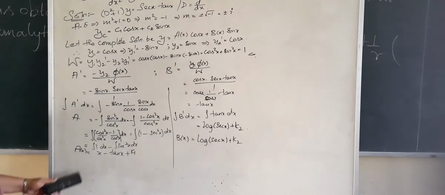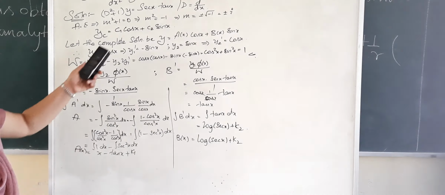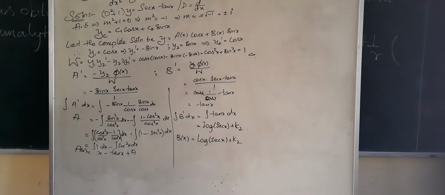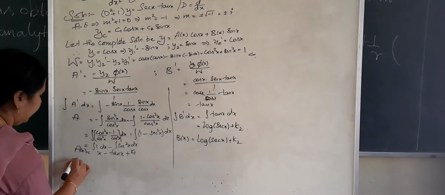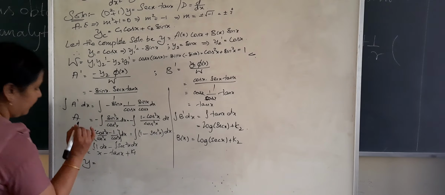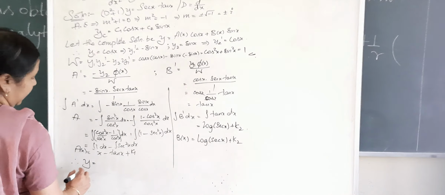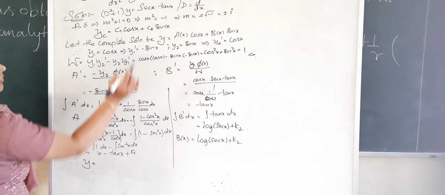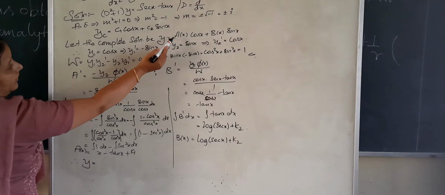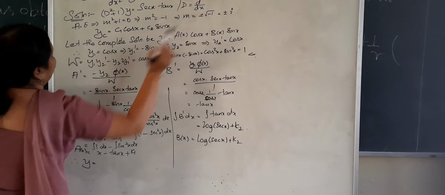Now that we got our a and b, we can give the final solution. Therefore the final solution, which can be called the complete solution, is equal to, here I have written y equals a of x cos x plus b of x sin x.